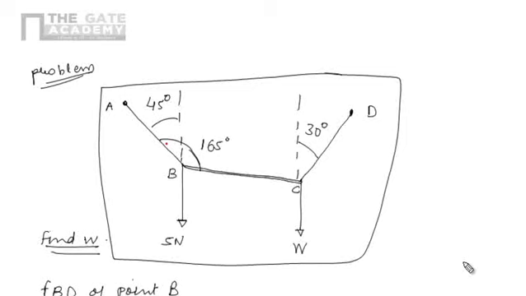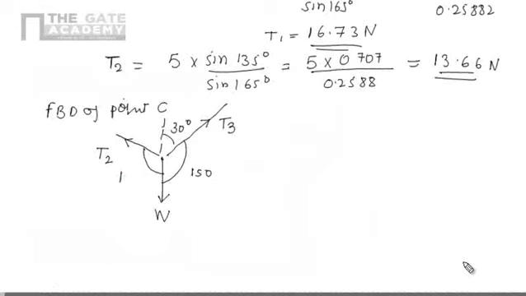We are having this 165 degree here, and these angles are alternate angles, because we are having these two parallel lines. So this angle we know is 120 degree, so obviously this angle will be 120 here by alternate angles. If it is 120, the remaining angle will be 60 degree.